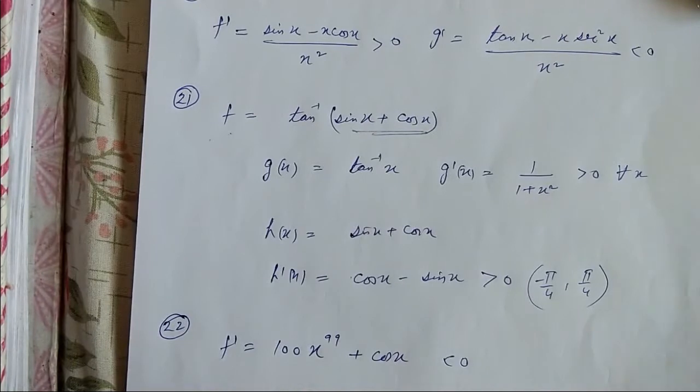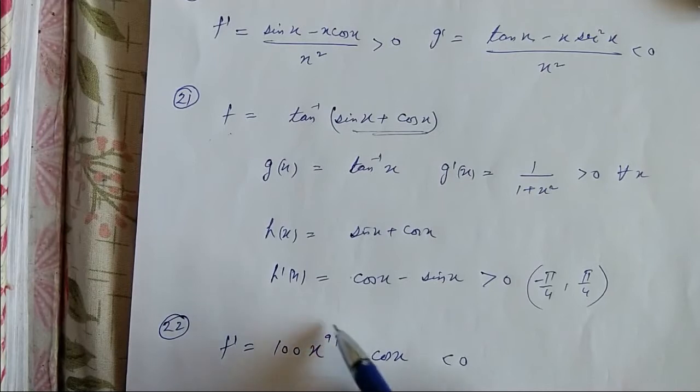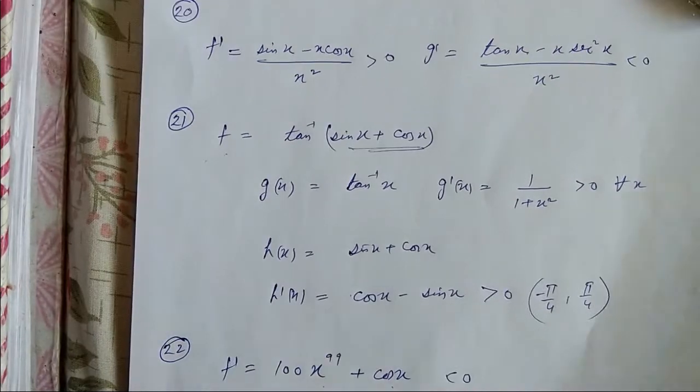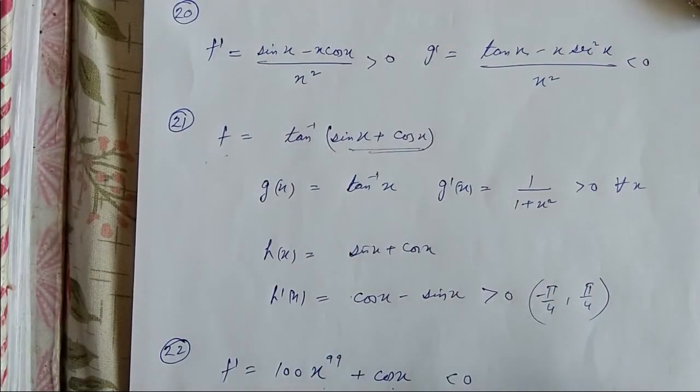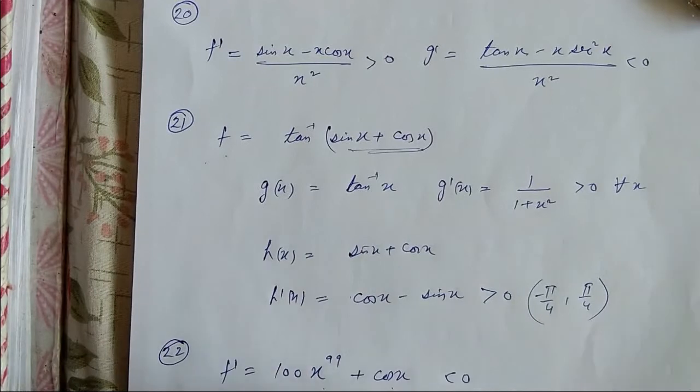So looking at the options, in 0 to pi by 2, this is always positive. In 0 to 1, this expression is always positive. In pi by 2 to pi, cos x will become negative, but 100 x power 99 will be a much larger positive quantity as compared to cos x. Hence none of the given options satisfy this condition.